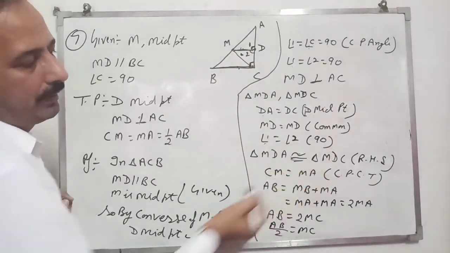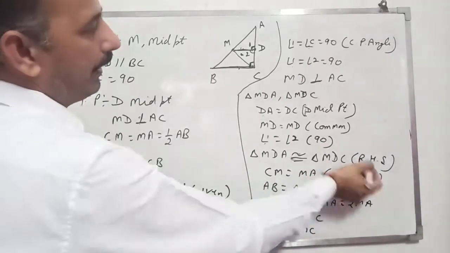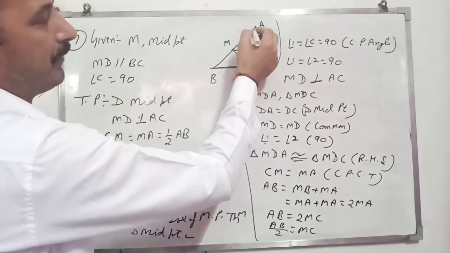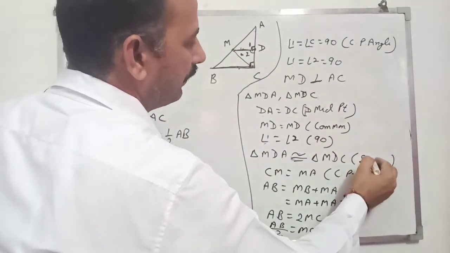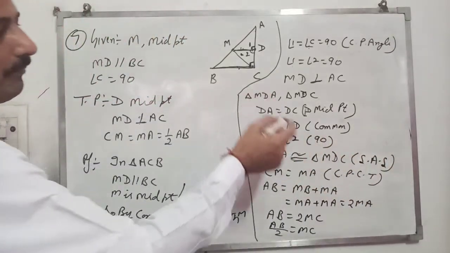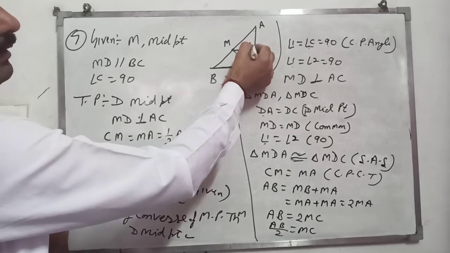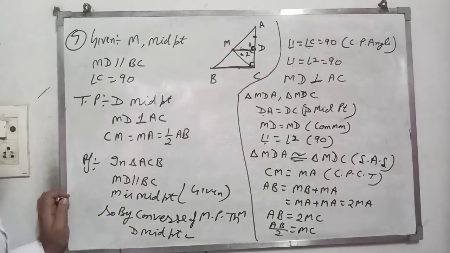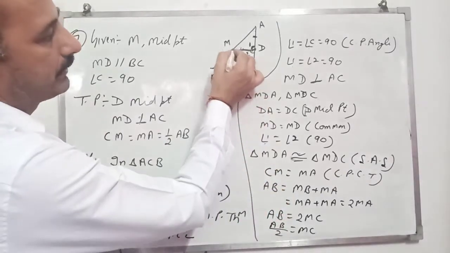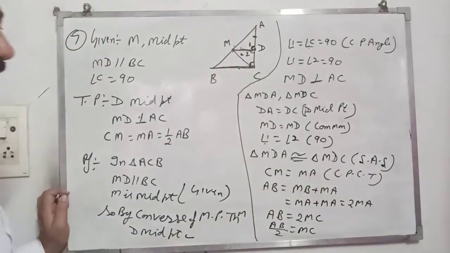So these two triangles become congruent, by SAS: one 90 degree angle and the sides on either side. So CM becomes MA, by corresponding parts of congruent triangles.